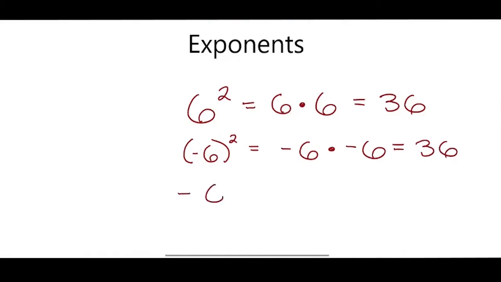But if that 6 is not in parentheses, we treat that like negative 6 times 6. And negative 6 times 6 is negative 36.